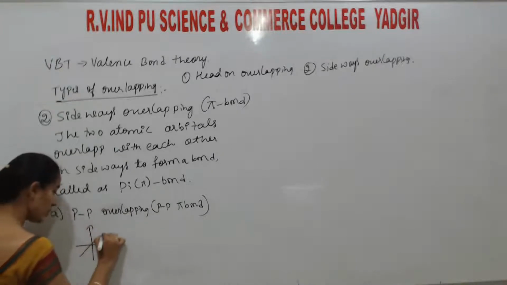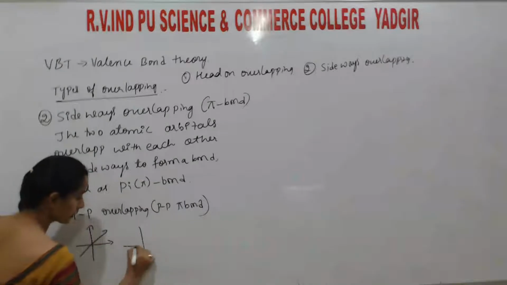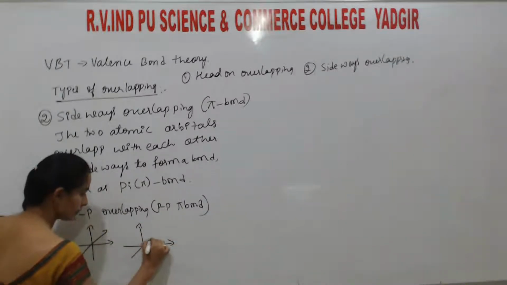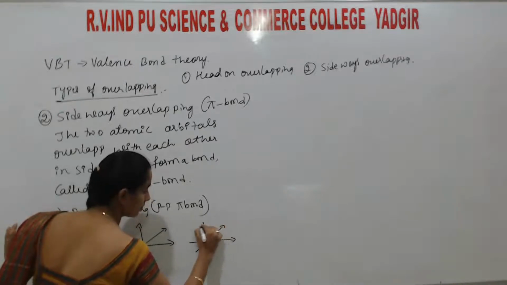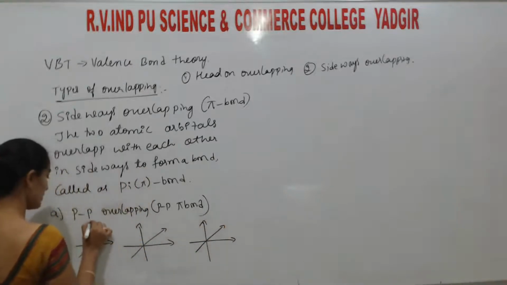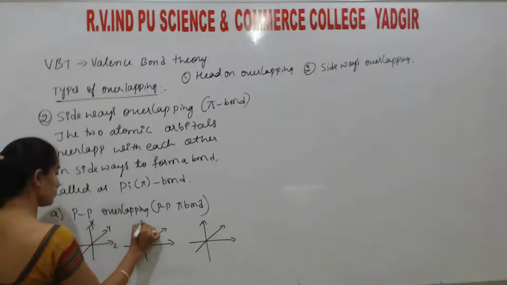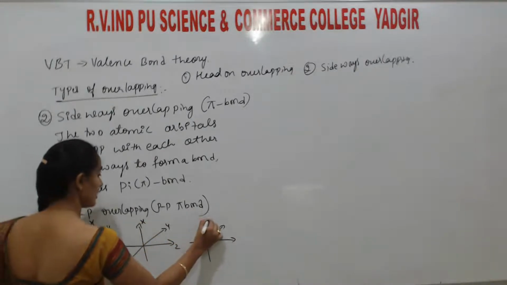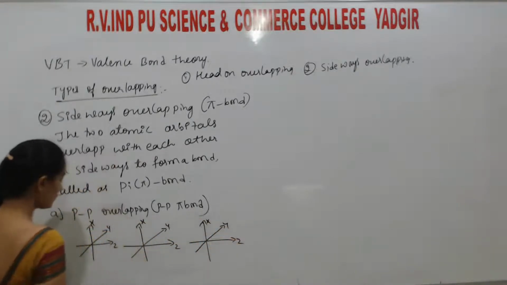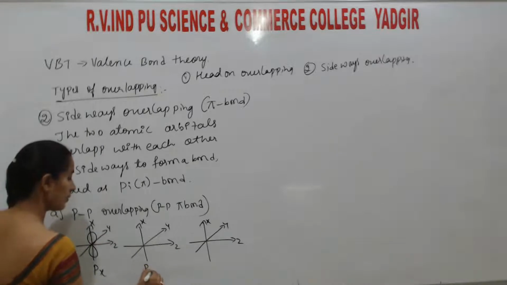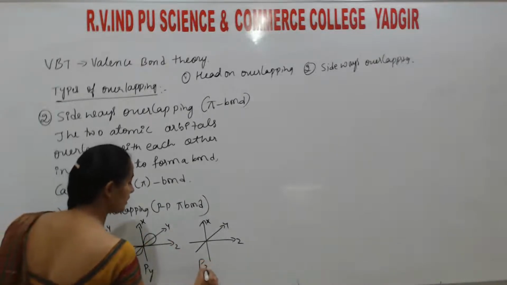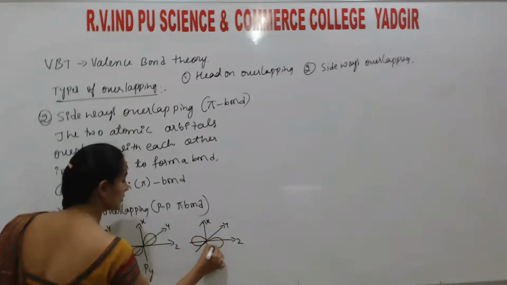So this is XYZ plane. This is X, this is Y, this is Z. So this is Px orbital, means the orbitals are like this. Py means they are like this. And Pz means they are like this.